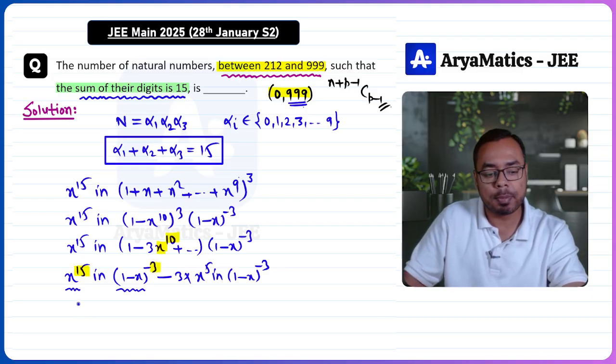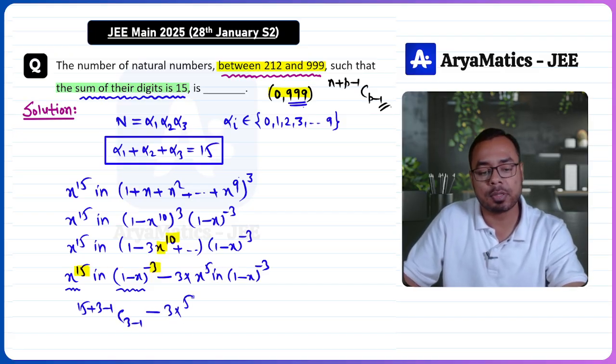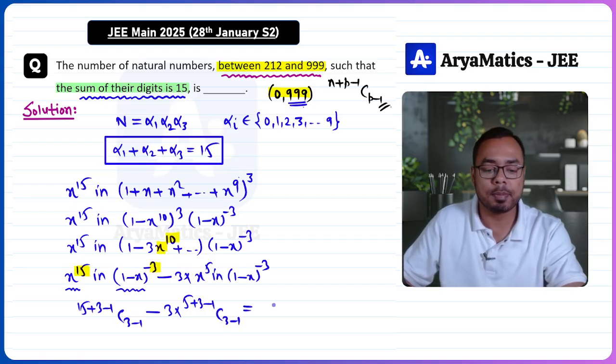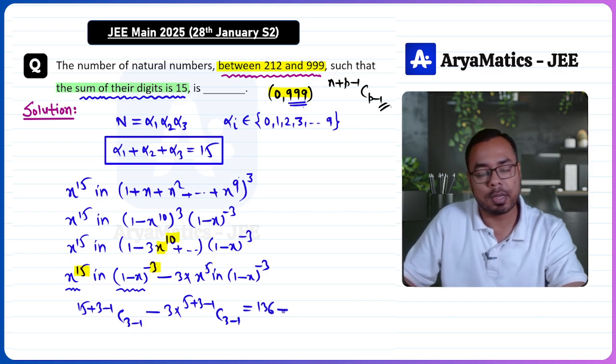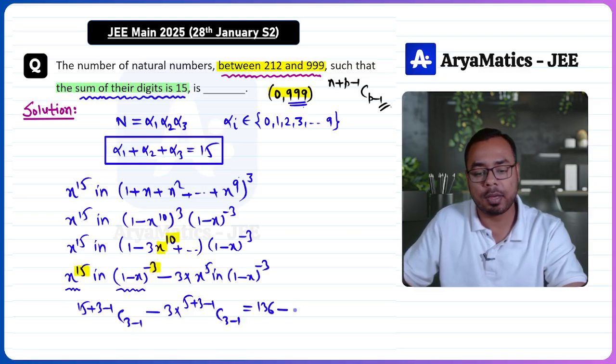So here that coefficient will be (15 plus 3 minus 1) C (3 minus 1), minus 3 into the coefficient of x raised to 5 in this one, so (5 plus 3 minus 1) C (3 minus 1). Now this will become 17C2, which is 136, that is 17 into 8, and minus 7C2, which is 21, into 3. So 21 into 3 will be 63. So the total number of numbers that we are getting from 0 up to 999 will be 136 minus 63, that is 73.